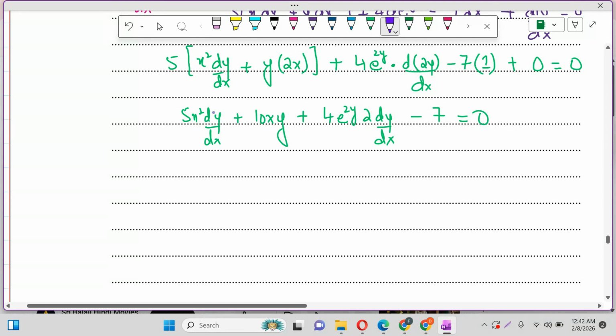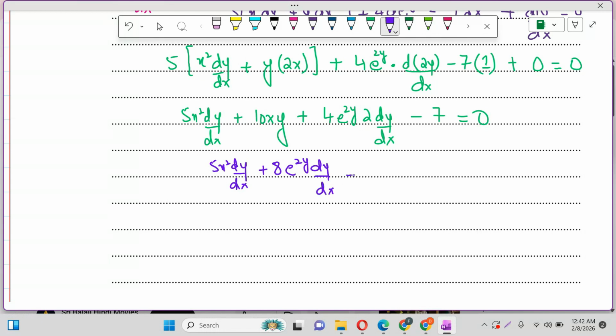We will retain the terms which have dy over dx and move all other terms to the right side. So 5x squared dy over dx plus 8 exponential of 2y dy over dx is equal to 7 minus 10xy.